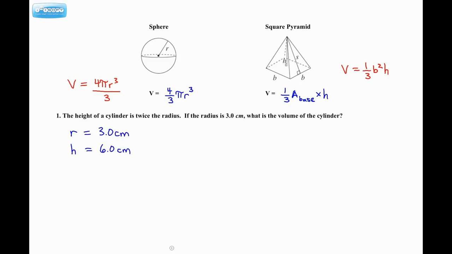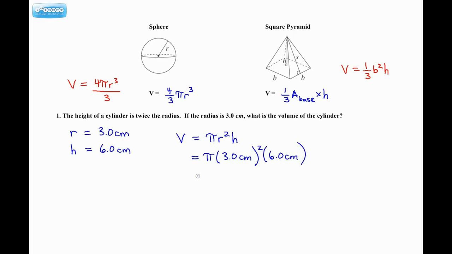No problem. So how do we find the volume? This is a cylinder. So that's given by V equals pi r squared h. So now I'm going to replace, of course, r and h with the numbers that I have. This is 3 centimeters. I need to square this whole thing times 6 centimeters.